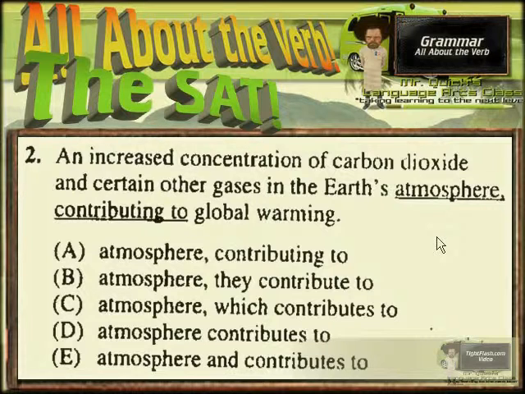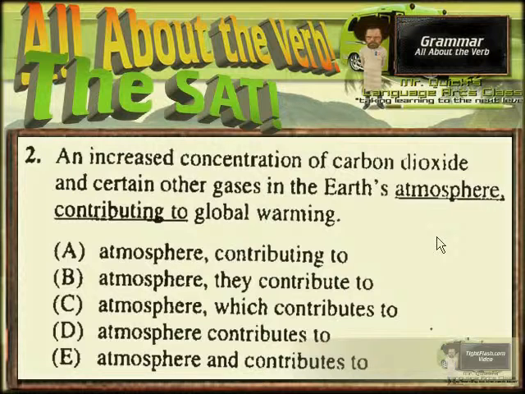Maybe it used to be one, but we added an ing to the end of it, so it's not one any longer. So if we want to actually have a sentence, which we should, we're going to have to possibly change contributing to contribute. So let's look over the answer choices and see which ones actually may possibly do that.